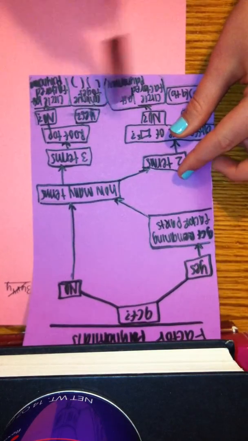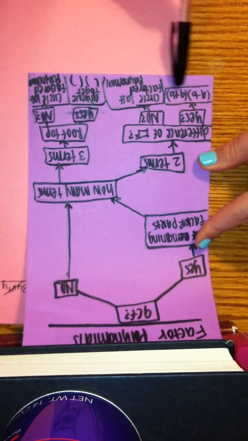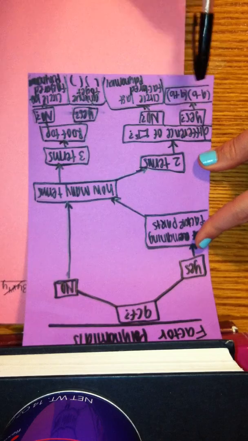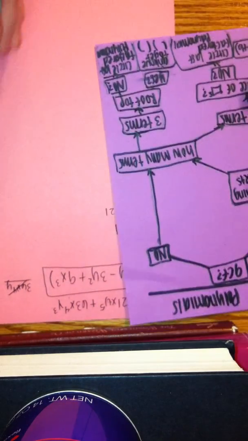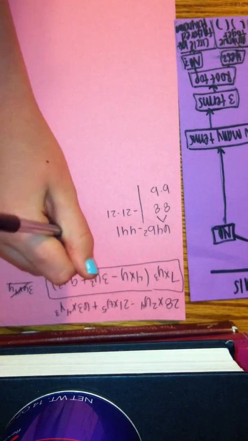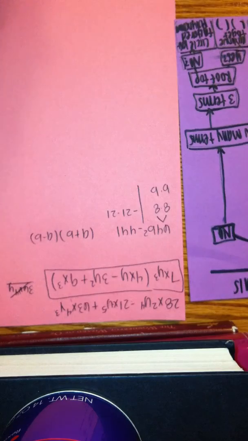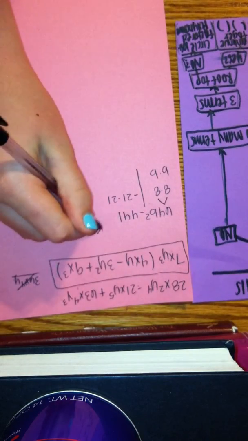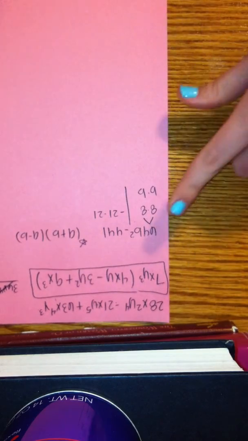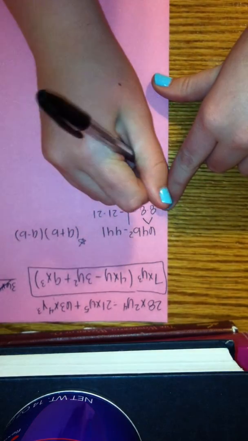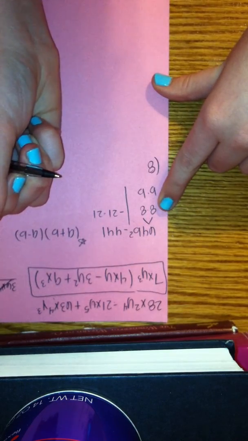So yes, we did difference of squares, so we're trying to achieve this little equation type thing, I guess is what you want to call it. So you need a plus b times a minus b. That's what you're trying to achieve. Okay? So we're going to take this 8 here, and this is going to go in our first little thing here.